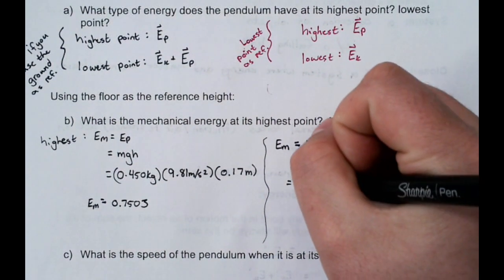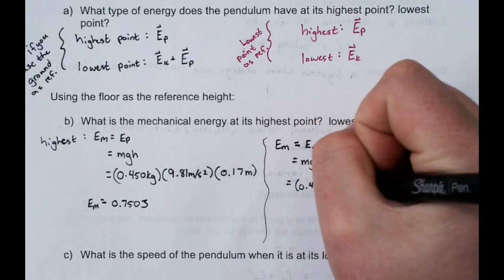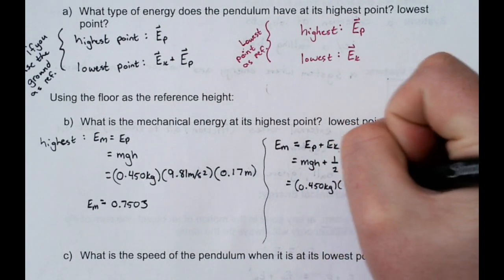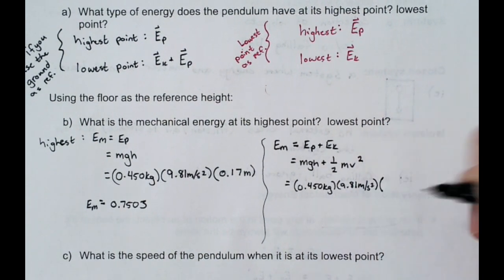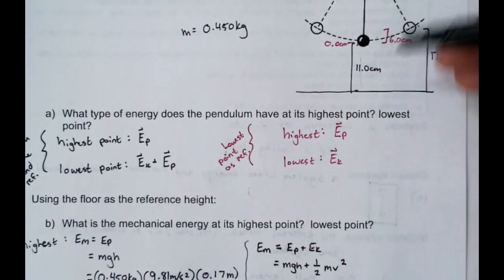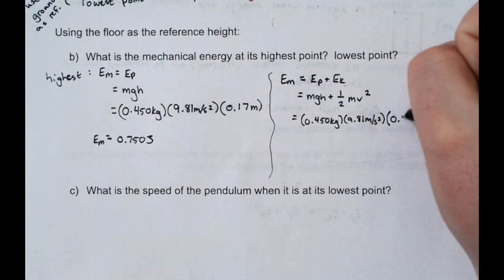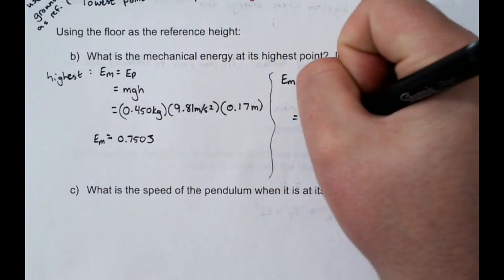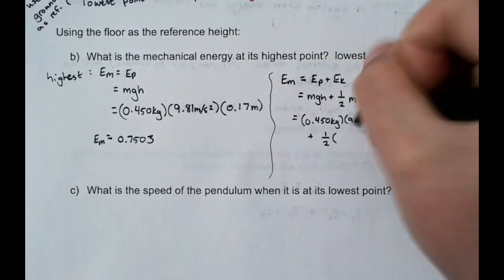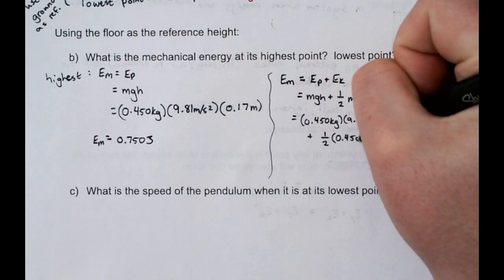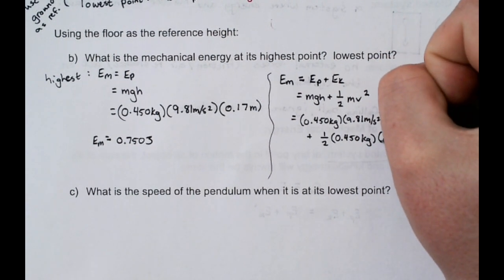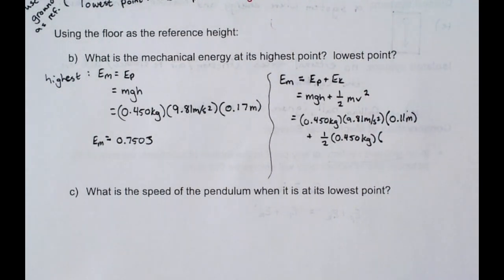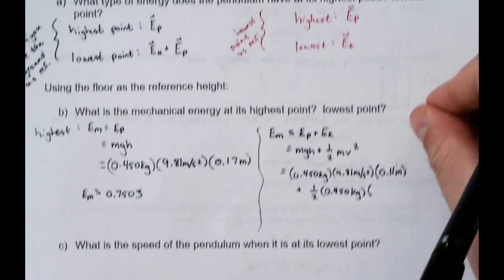We have a mass of 0.450 kilograms times 9.81 meters per second squared times a height of 11 centimeters from the floor, or 0.11 meters, plus 1/2 times the mass again, 0.450 kilograms, times the velocity squared. We don't have velocity.